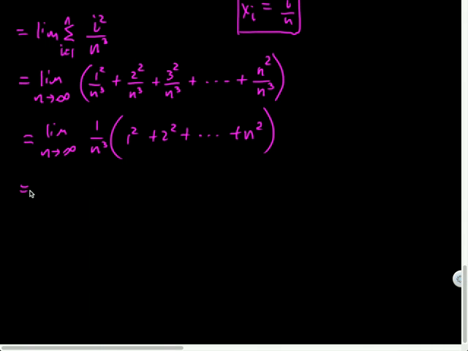So this is the same as the limit as n goes to infinity of 1 over n cubed times n plus 1 times 2n plus 1, all over 6, all over n cubed. Well, I've got the 1 over n cubed on the outside there, or 6n cubed.